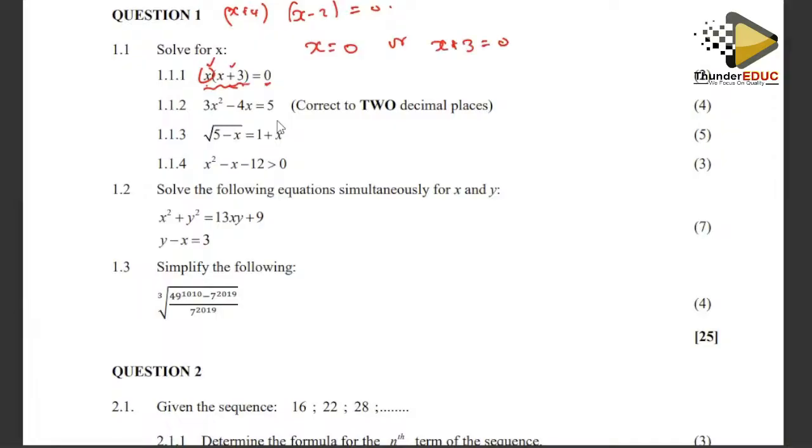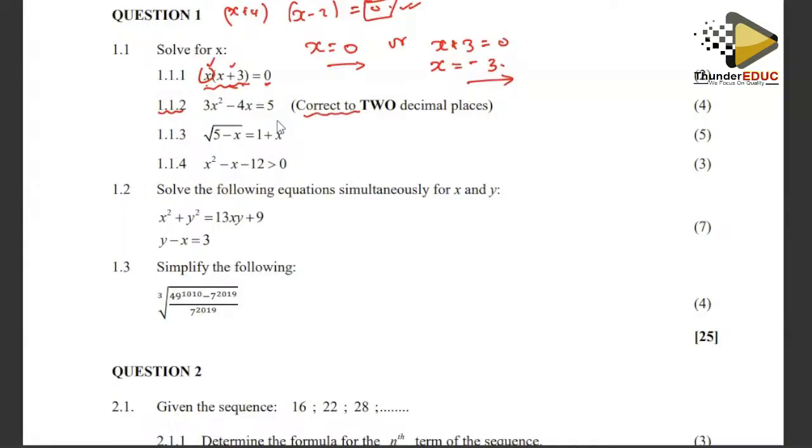And then you solve for x, meaning that x is going to be a negative 3. So this only works if we have a 0 at the end. If ever we have a number other than 0, then you have to open up the brackets this side and then you solve, okay? Now question 1.1.2.